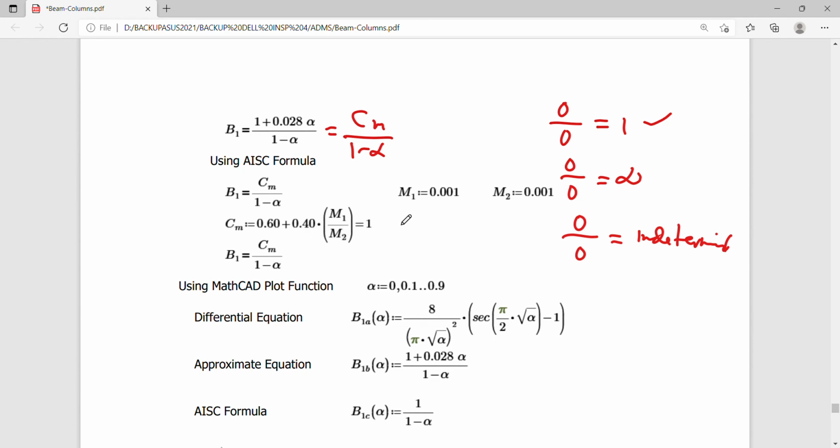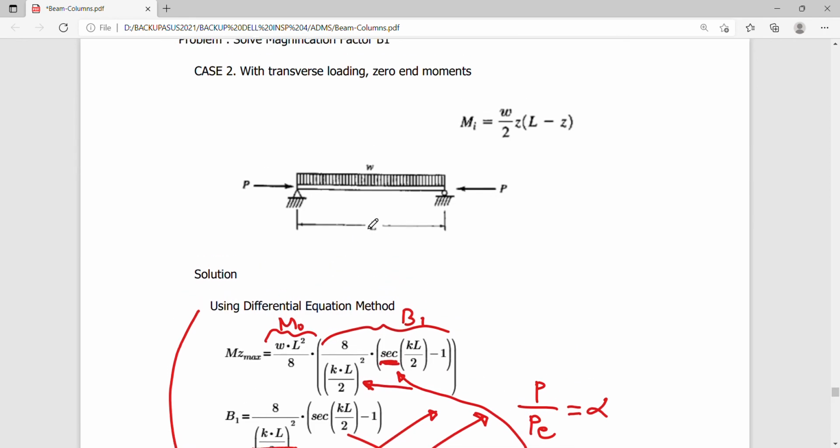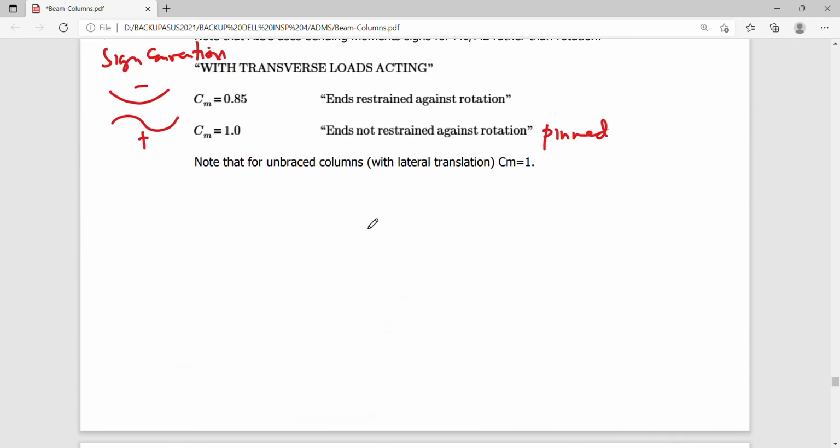0.6 plus single curvature, it's positive. So this is a positive 1, M1 over M2 is 1. So your Cm is equal to 1. That's why, if we are looking into the AISC recommendation, wherein the ends are not restrained against rotation with transverse loads acting, this is 1.0 automatically.